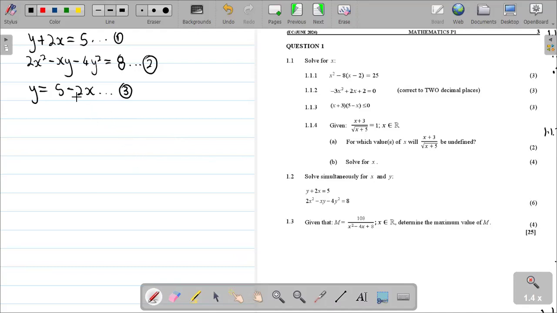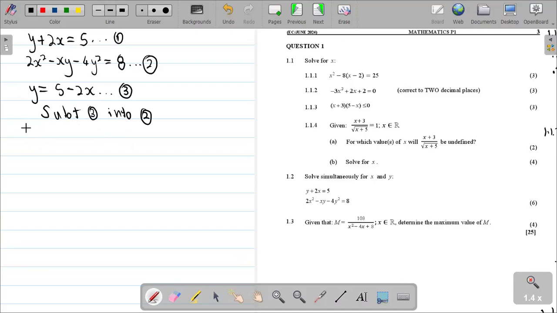We must substitute 3 into 2. So we put y wherever we see it. So 5 minus 2x will replace y here.